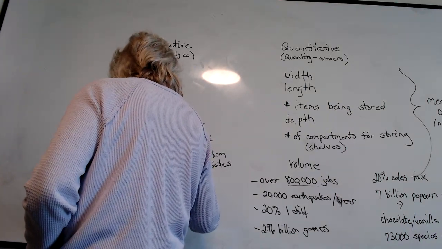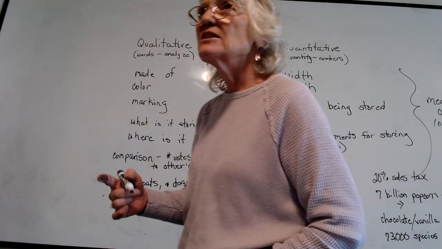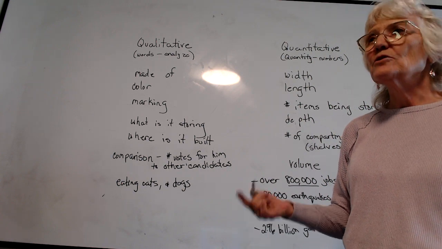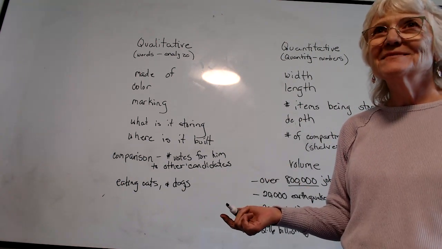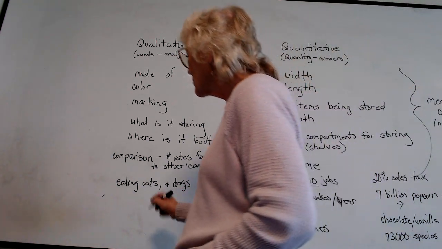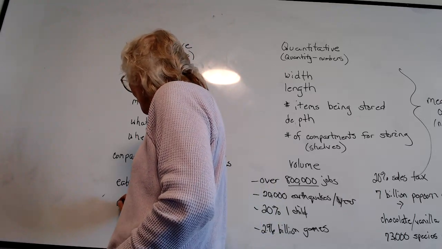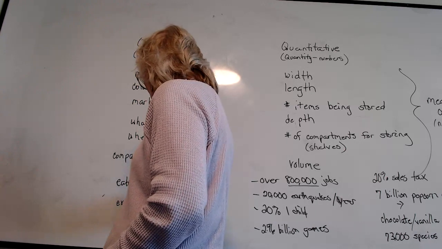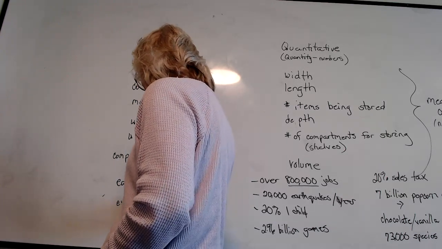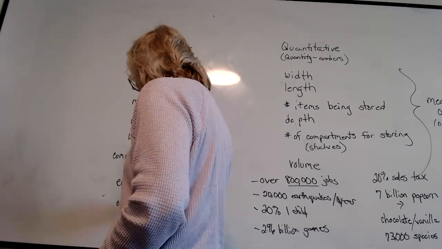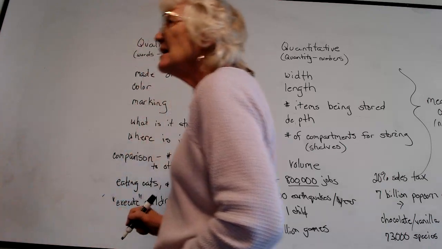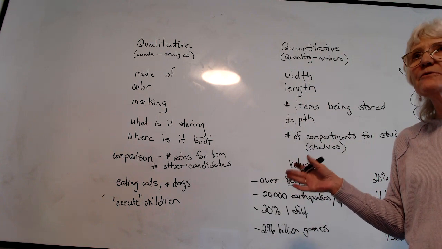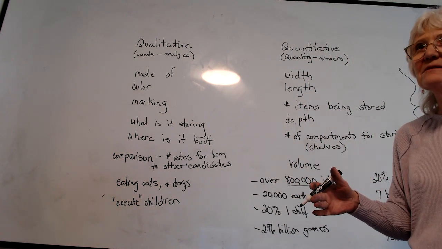So that's qualitative. The other one was executing abortions, okay, and or executing children, okay. So that is again probably more on this because really that word execute has to do more with what does that mean. And so it's really based on the definition of that word that we're really talking about there. Okay.